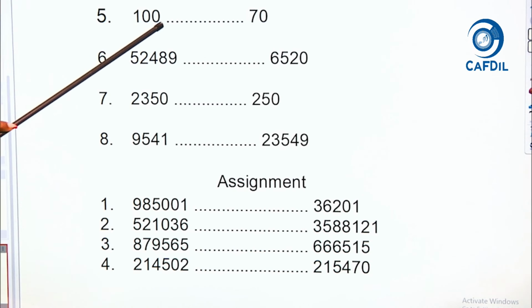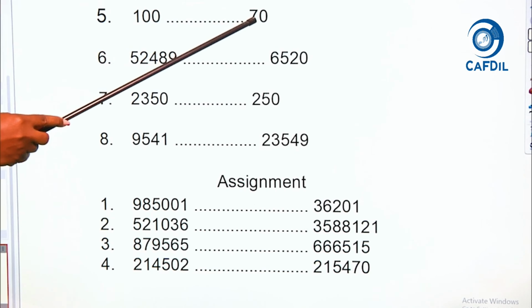So here we have 1, 2, 3. And this has 1, 2. So 100 is greater than 70. Do we all agree? Yes, 100 is greater than 70. Kindly put the sign over there for me, the greater than sign.